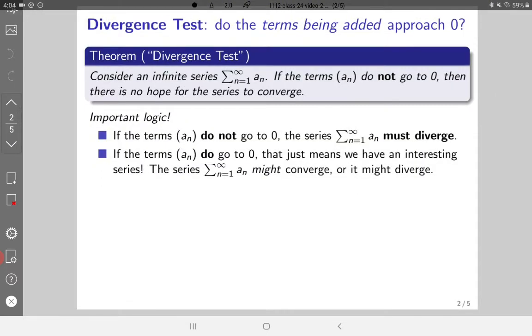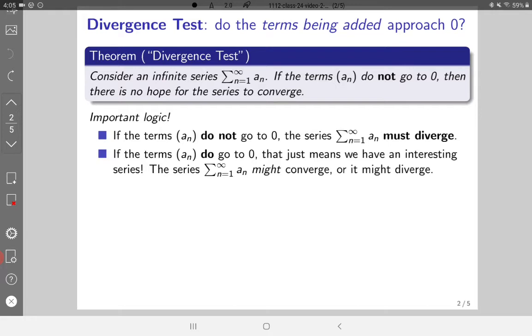And so here's the thing that we can conclude from the observations we made in those examples. If I have an infinite series and the terms being added themselves, the terms in the sum, if those terms don't go to 0, if they don't get smaller and smaller and approach 0, then there ain't no hope for this series to converge, to add up to a specific finite number.